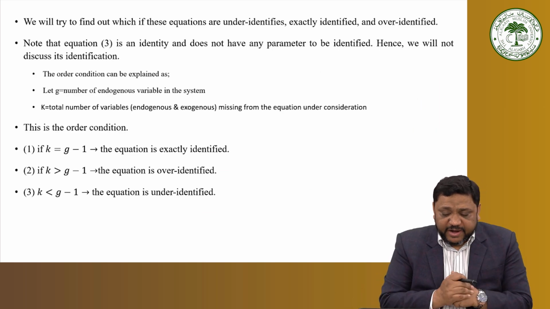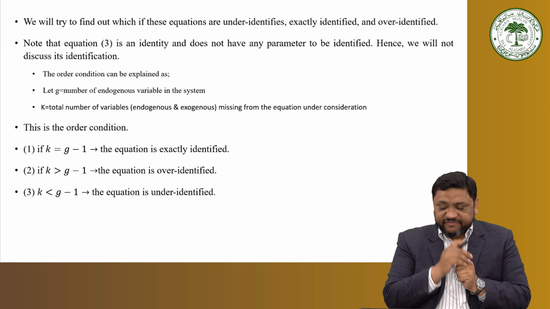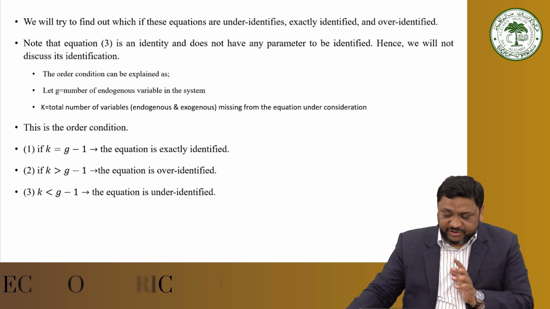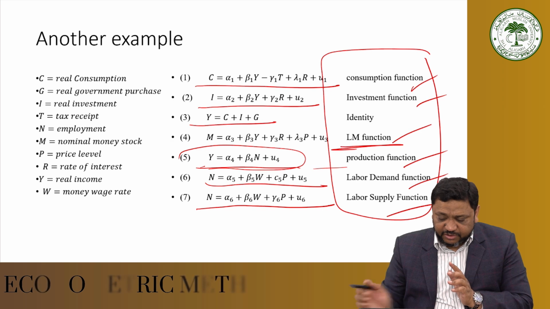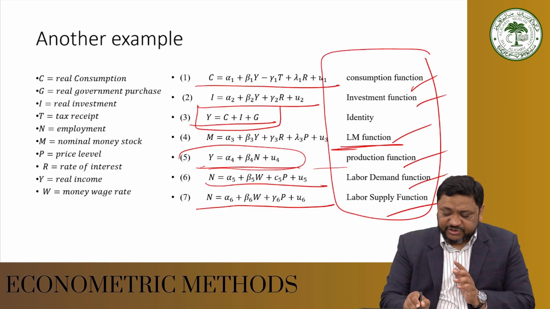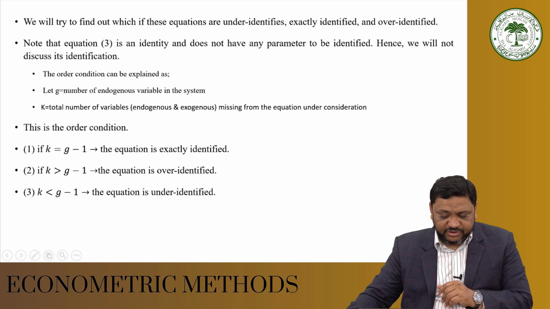Now we will try to find out if these equations are under identified, over identified, or just identified. The third equation, which was our Y equation, is just an identity equation.